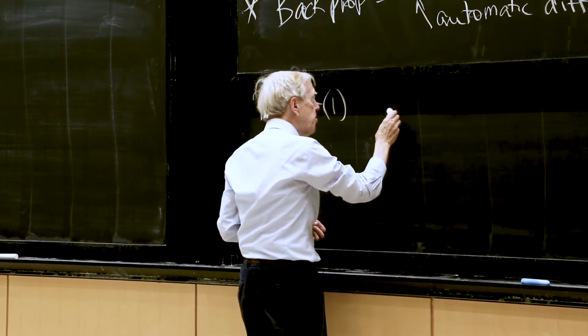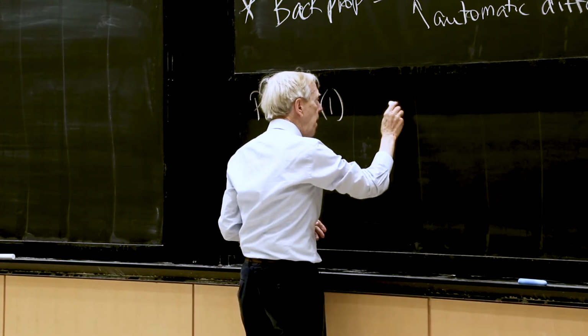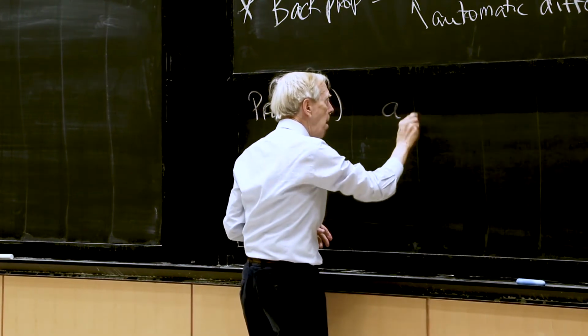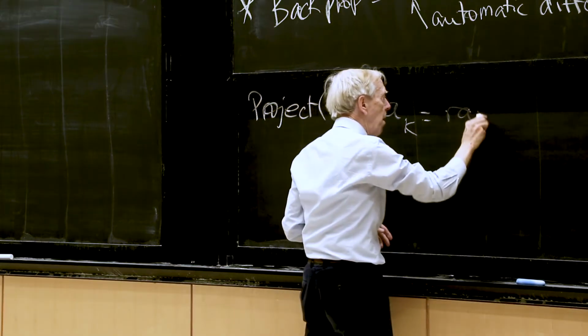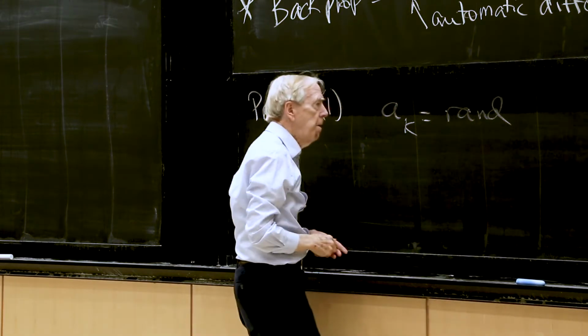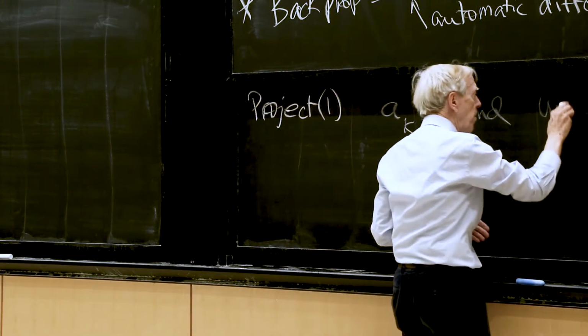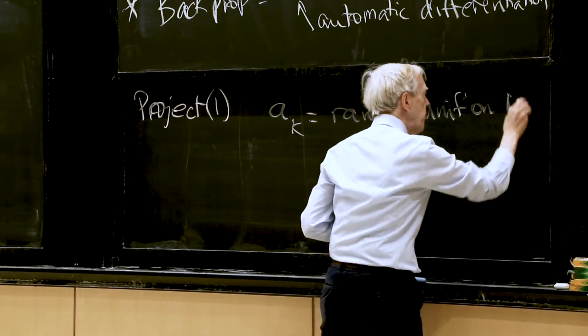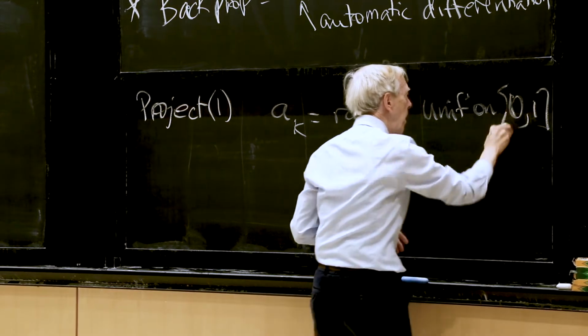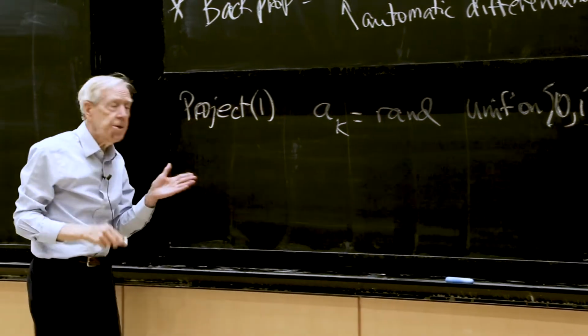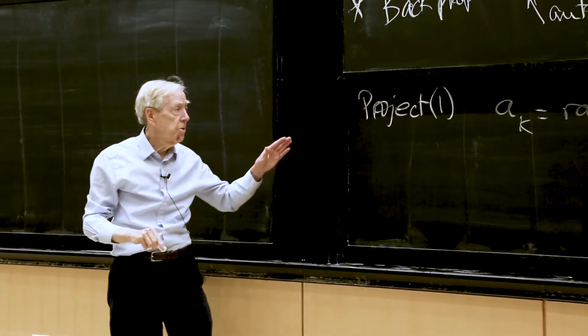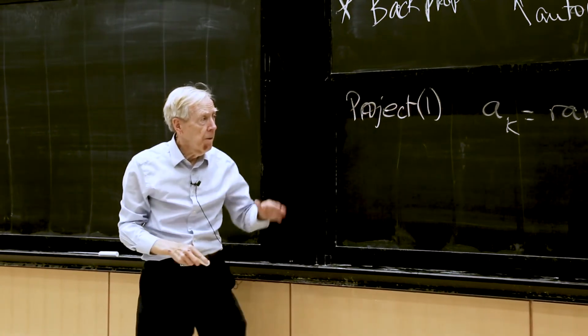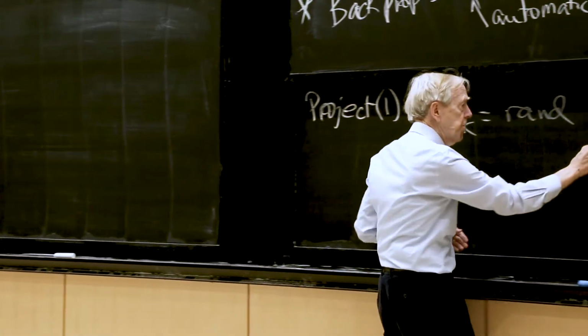You pick numbers a_k, which is rand, so uniformly on (0, 1). And then my question is, what about convergence to the final, the average is a half.